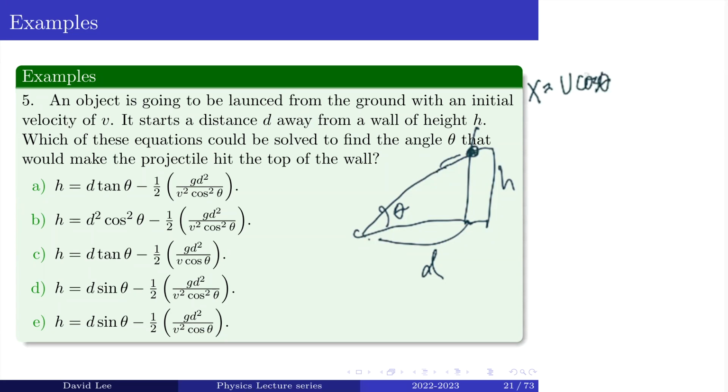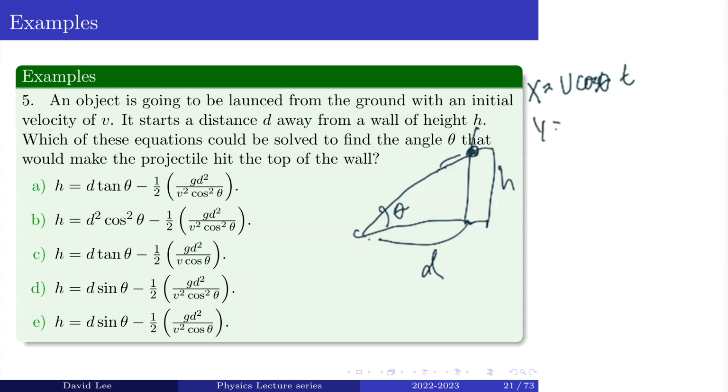And in this case, there is no acceleration in the x direction because there's no force acting on it. In these projectile problems, there's almost always no acceleration in the x direction. So it's just velocity times the time.